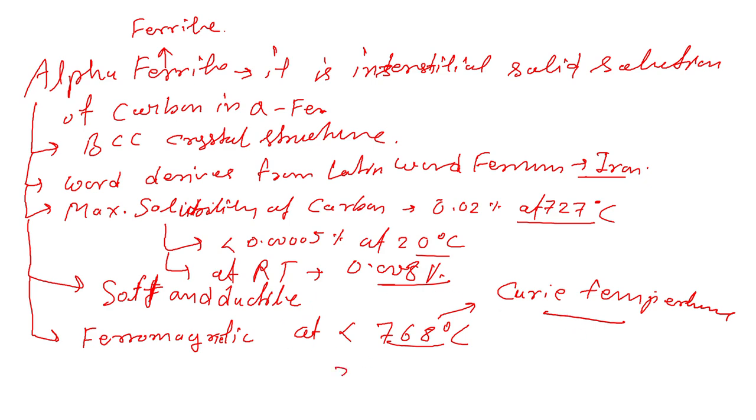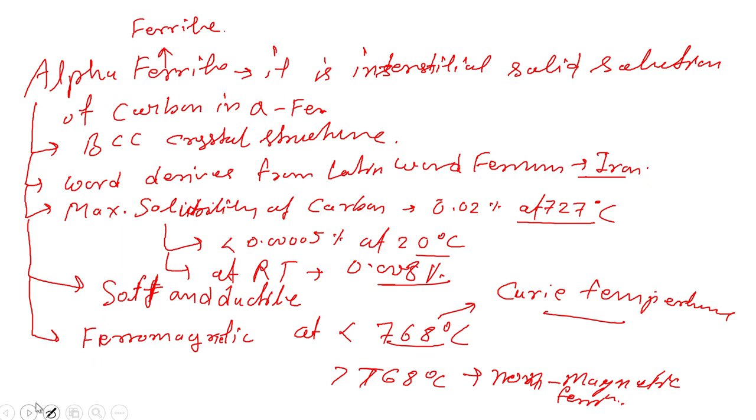Above 768 degrees centigrade it changes into non-magnetic ferrite. So these are some characteristics of alpha ferrite.